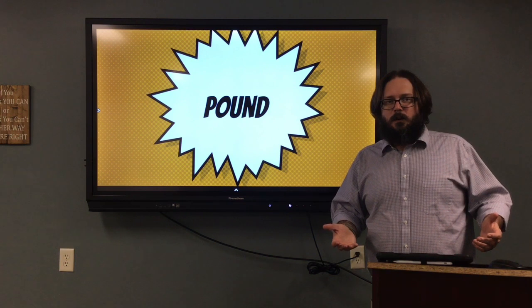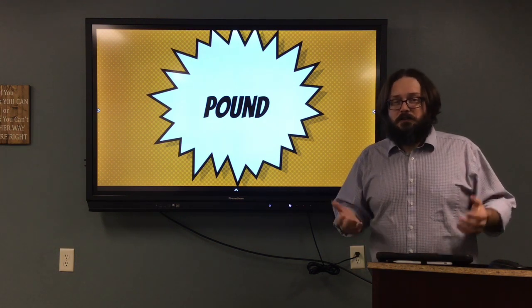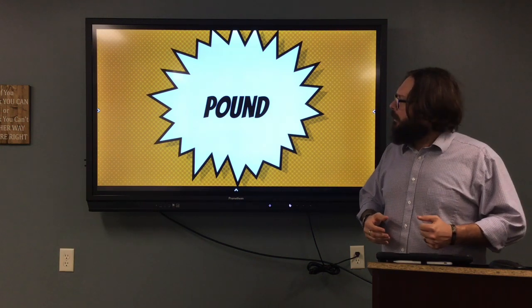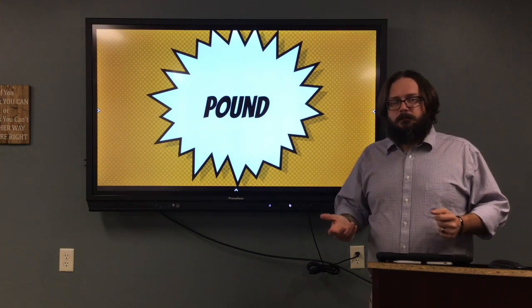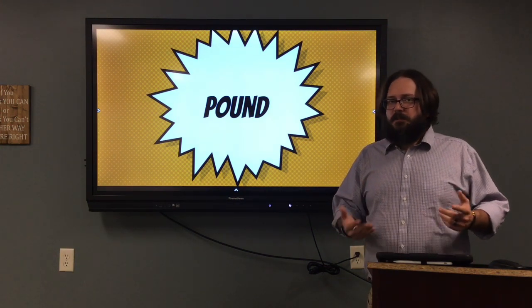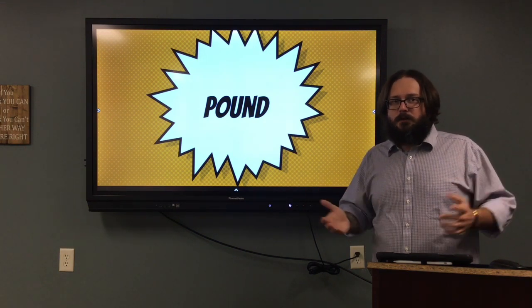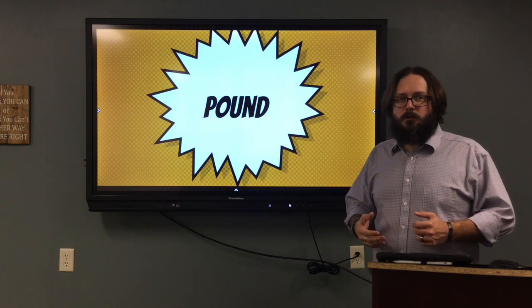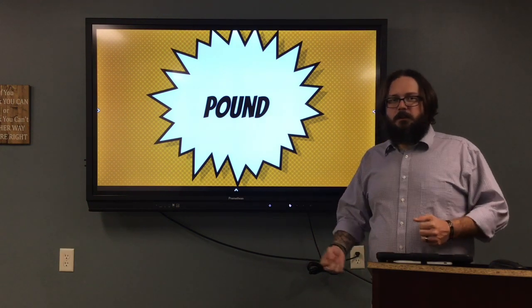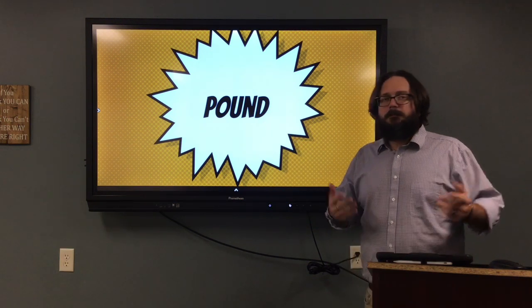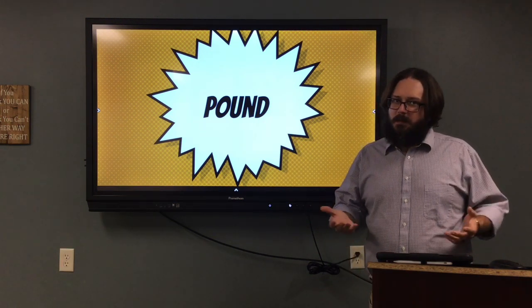Once again, we have a word that automatically, the first thing that comes to mind is a measure of weight. But if we have any UFC fans out there who know the term pound from the ground and pound move, when one fighter gets on top of the other and just starts waylaying on the other guy, what does it mean?